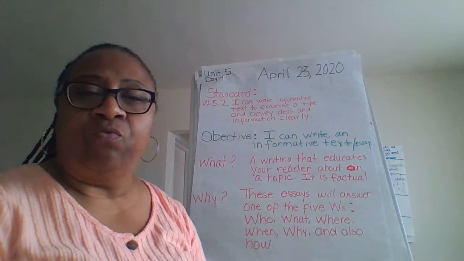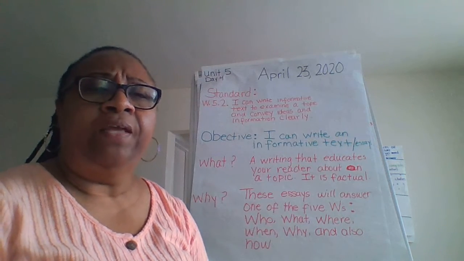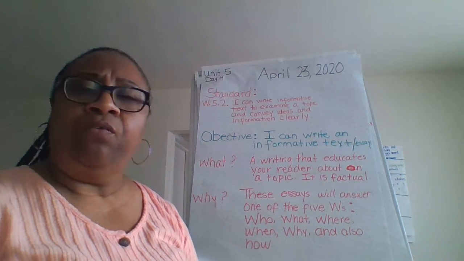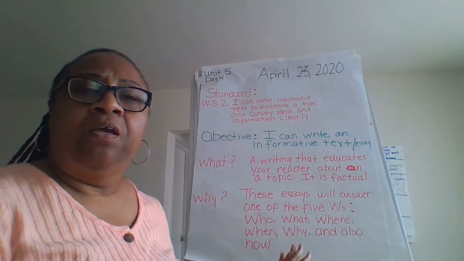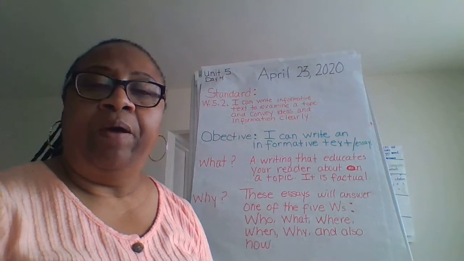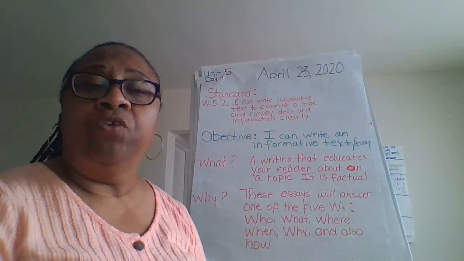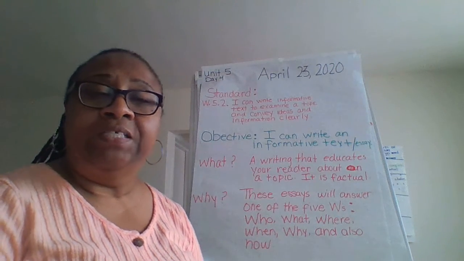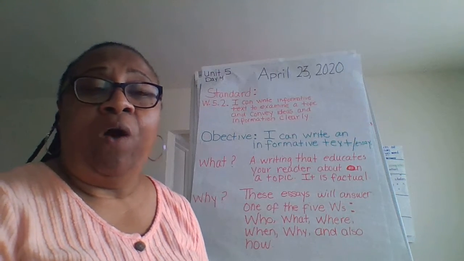These are factual writings. Now, why do we create these types of texts? How do they help us? Well, they're created because they give us information about one or more of the five W's, which are who, what, when, where, or why.